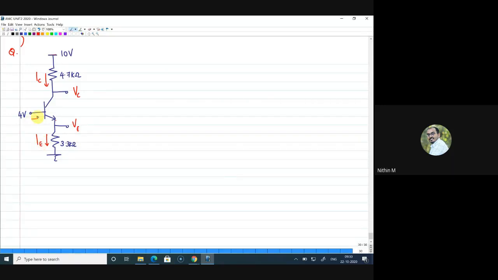I see, and this is IB, right? So given that beta is equal to 100, now the question is to find all the node voltages and terminal currents. That means IC, IB, IE, and VC and VE.